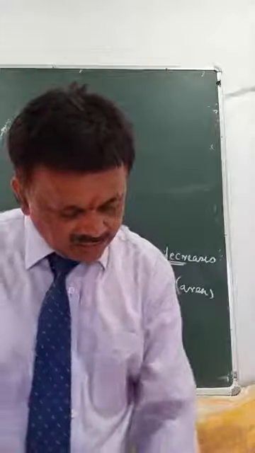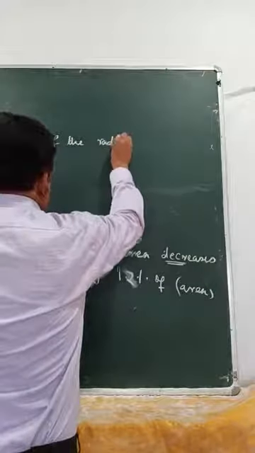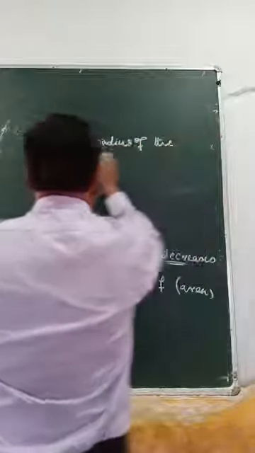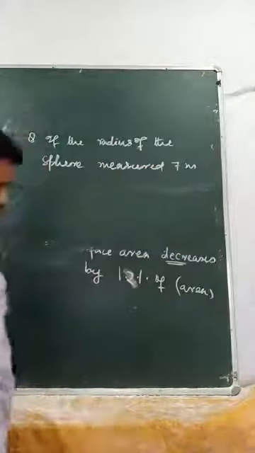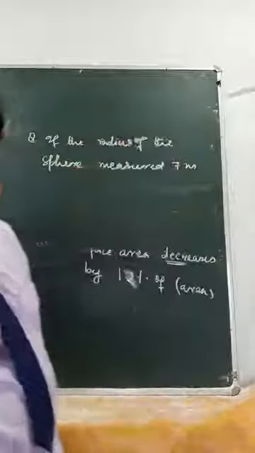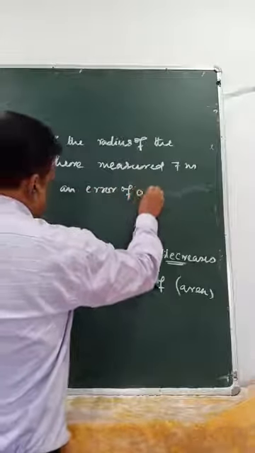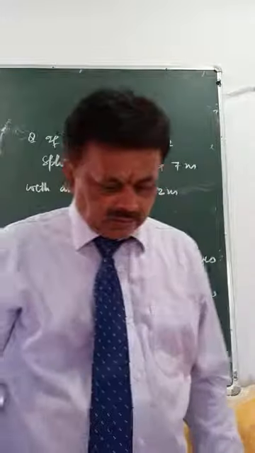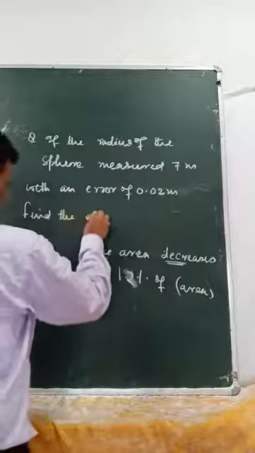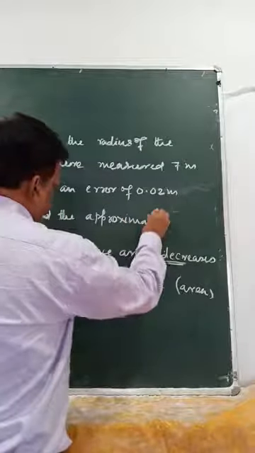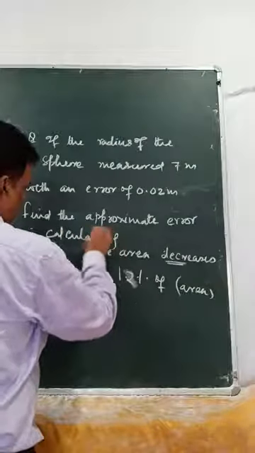That question is: if the radius of a sphere is measured as 7 meter with an error of 0.02 meter, then find the approximate error in calculating its volume.